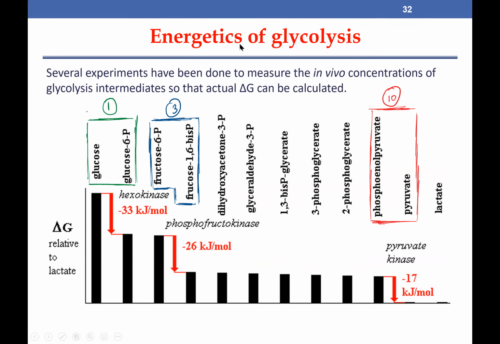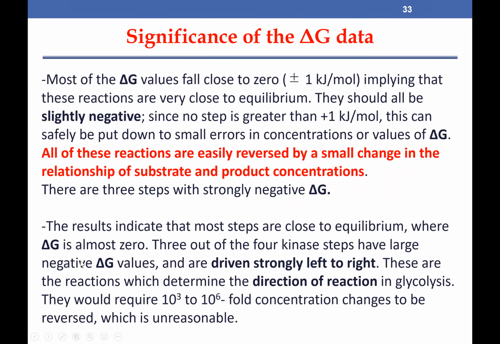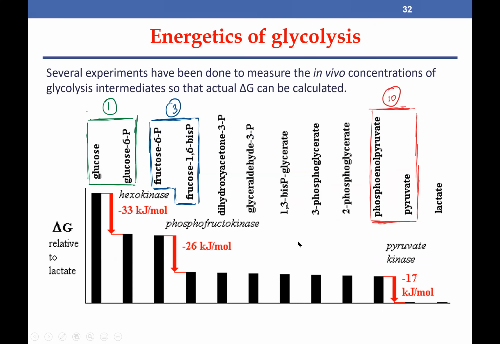Okay, now energetics of glycolysis. All right, so glycolysis has a lot of reactions, but 3 of them are actually the important ones, reactions 1, 3, and 10, because these reactions are very strongly exergonic. They're very spontaneous.